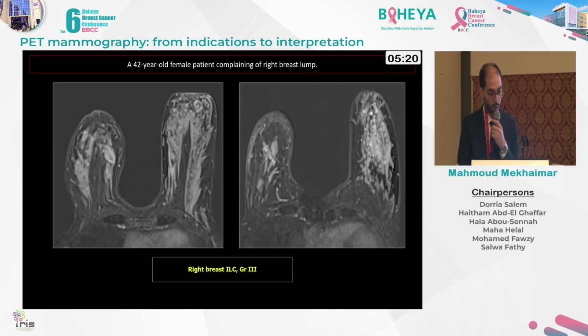a shrunken right breast showing diffuse global non-mass enhancement occupying the whole right breast, and also a left breast retroareolar rim enhancing lesion with type 1 curve, and left breast 2-3 o'clock in the area of altered parenchyma with no corresponding enhancement in the MRI.